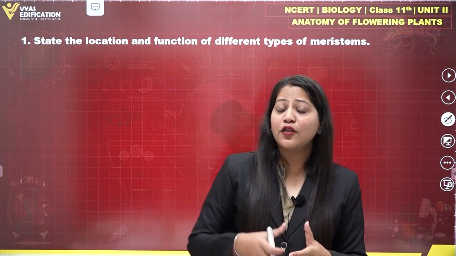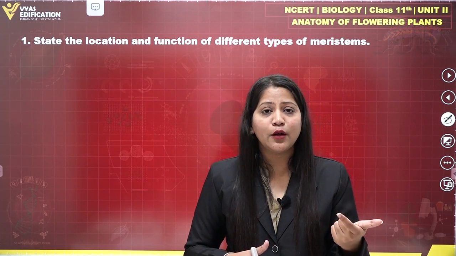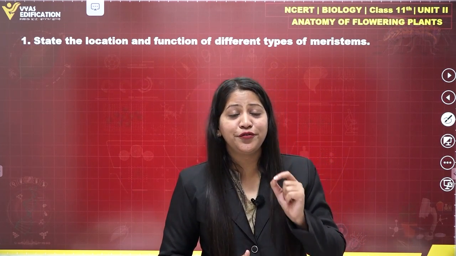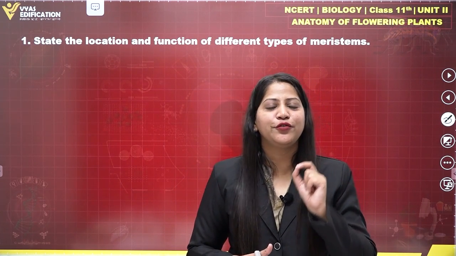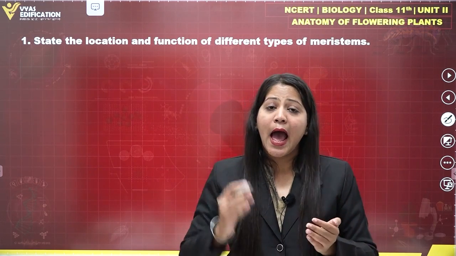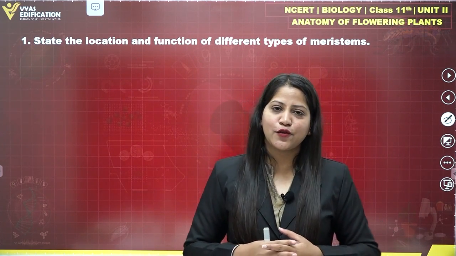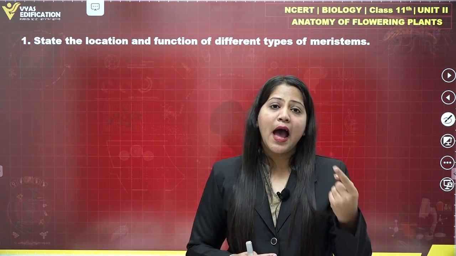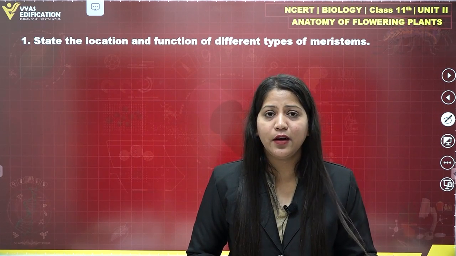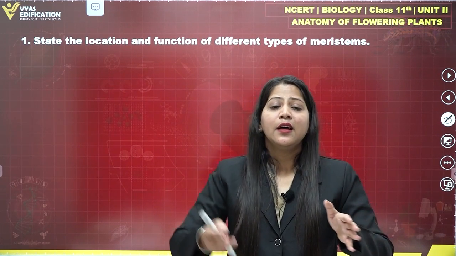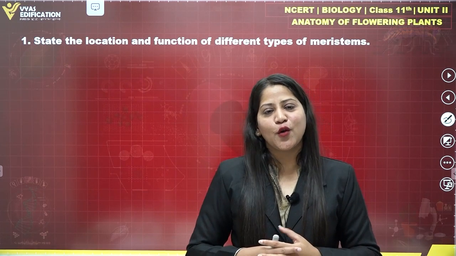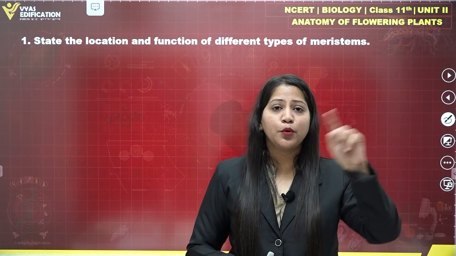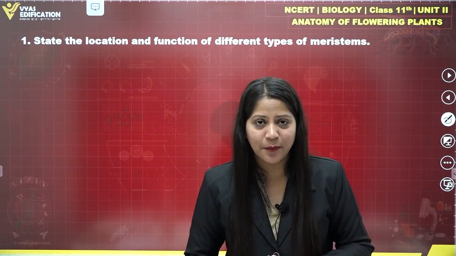Now let's discuss the function of this cork cambium or phellogen. It is going to form a protective cork layer and aerating lenticels on the outside, and another layer on the inner side, which is known as phelloderm. The outer protective cork layer is known as phellem, right?